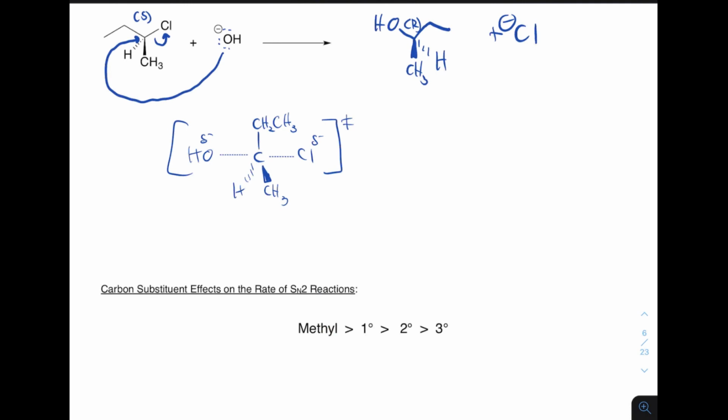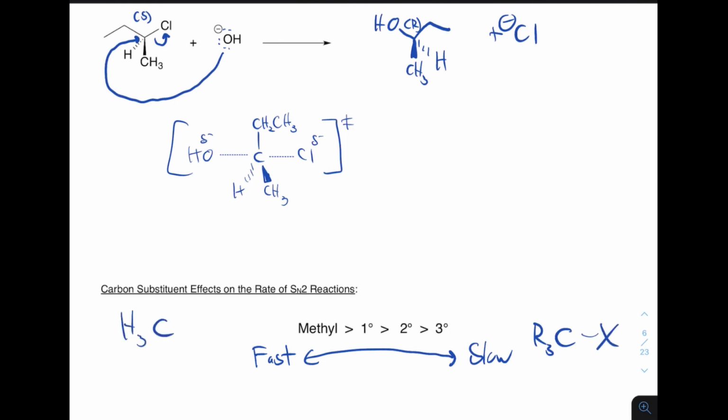So for carbons with just a methyl group, the reaction is very fast, but a tertiary carbon would be very slow. A carbon with three other carbons attached to it and a halogen would be pretty slow, but a carbon with only three hydrogens and a halogen would be really fast, because the steric hindrance of the groups on the carbon makes this reaction slow.